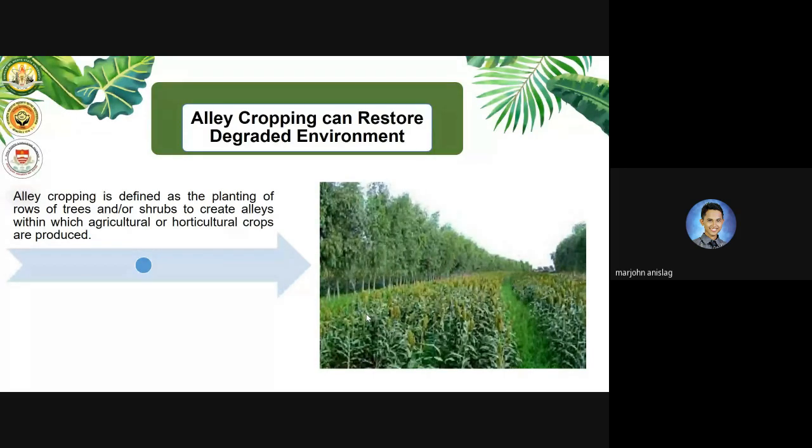The objective of this practice is food production for humans and livestock, and production of timber and fuel while maintaining soil fertility and avoiding soil erosion. Moreover, this can be applied either in deforested areas or in mined out areas.